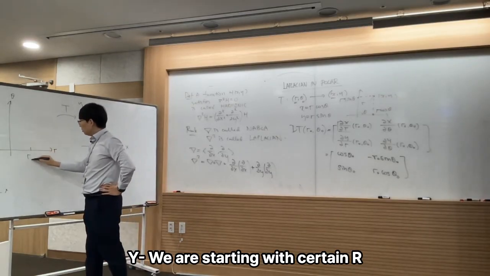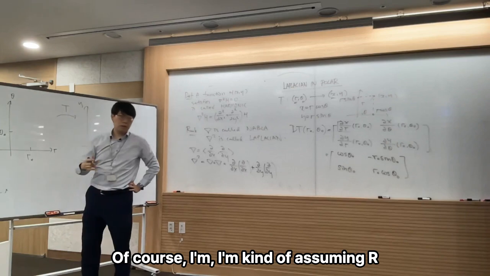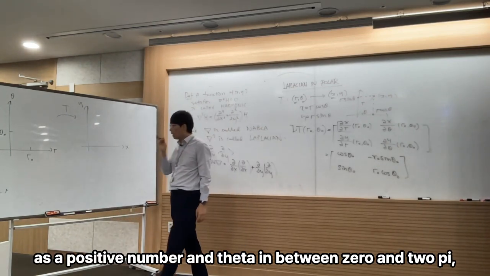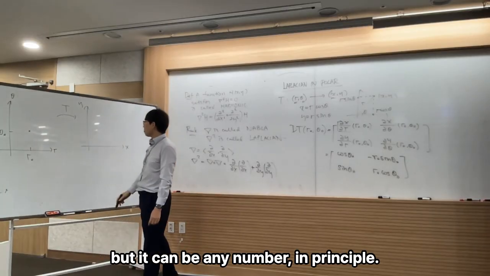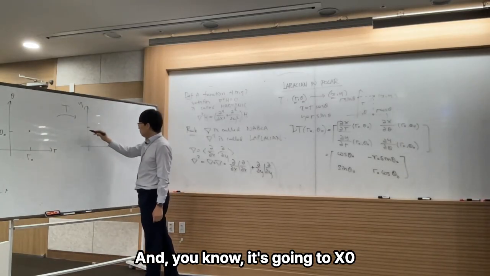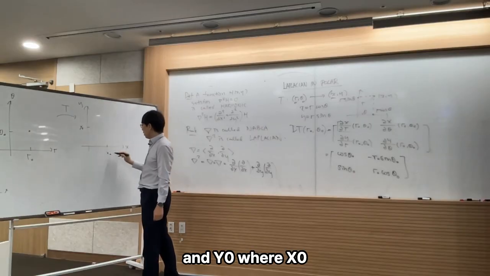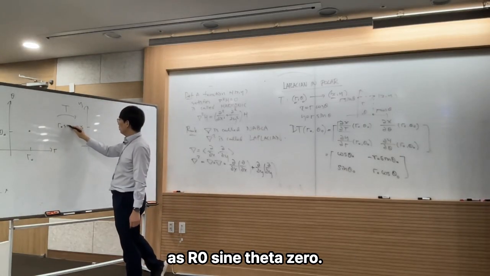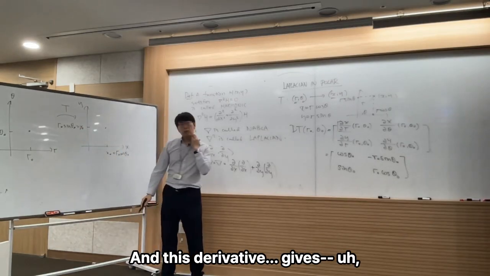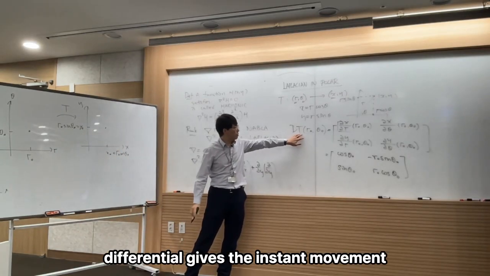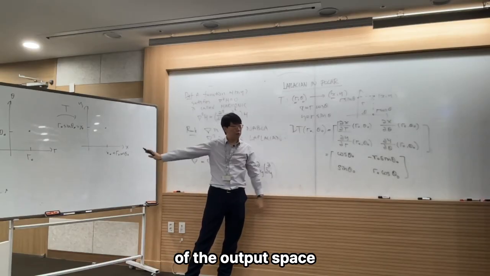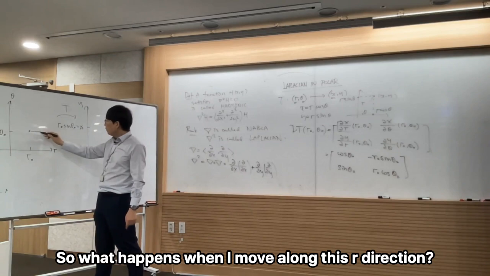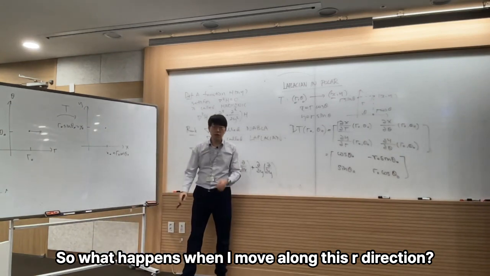We are starting with a certain r and a certain zeta. Of course, I'm assuming r is a positive number and zeta is between 0 and 2 pi, but it can be any number in principle.